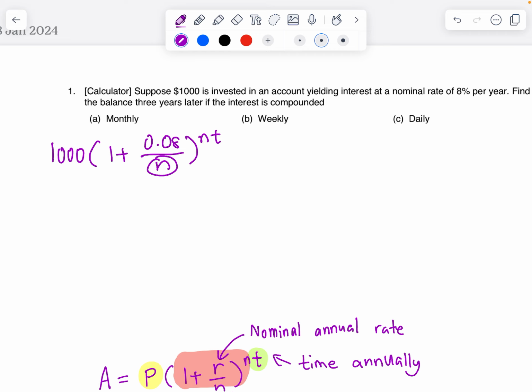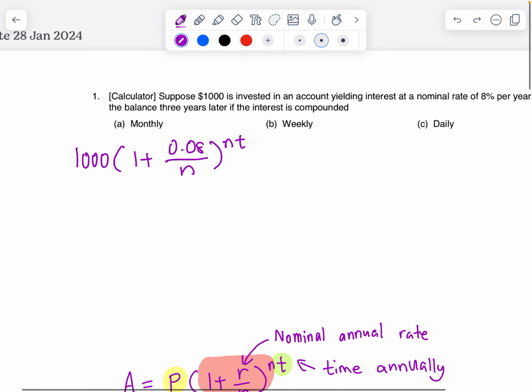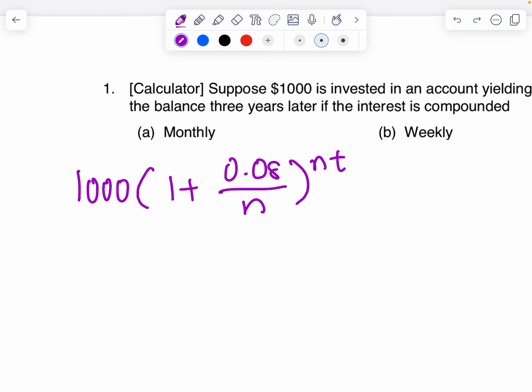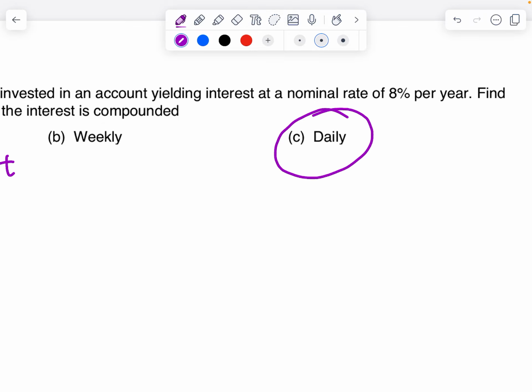So n is the number of compounds in a year. And so what we want to do is kind of convert years into months. Everything is annually right now, but here it's asked for monthly. So I'm going to ask myself, how many months are in a year, right? Or how many weeks are in a year? Or how many days are in a year?